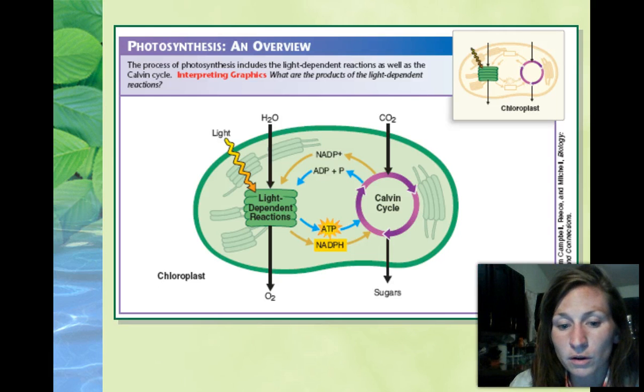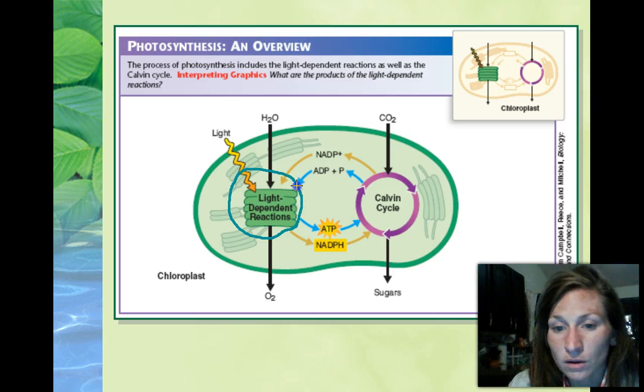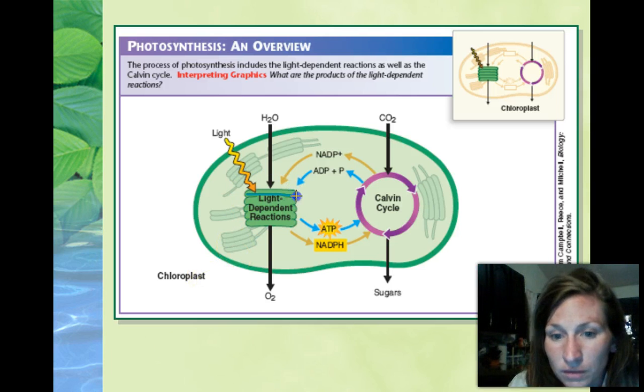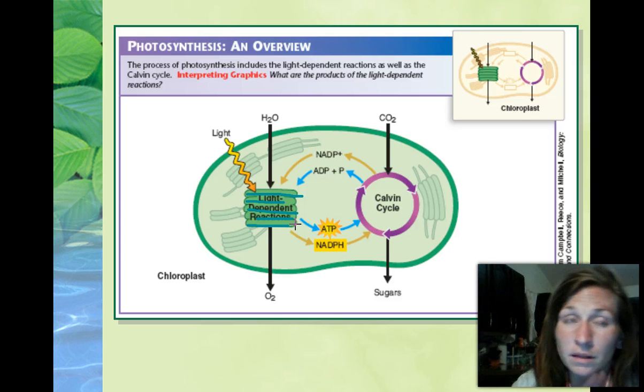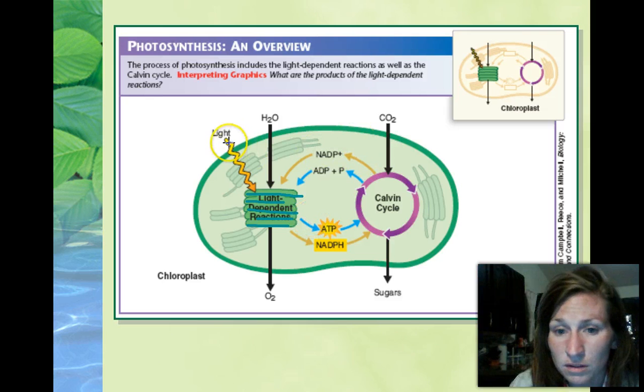So to get a better look, here is a diagram of a chloroplast. And this is one single granum. Each one of these stacks here is a singular thylakoid in which the light-dependent reaction is taking place. You can see the light is coming in.